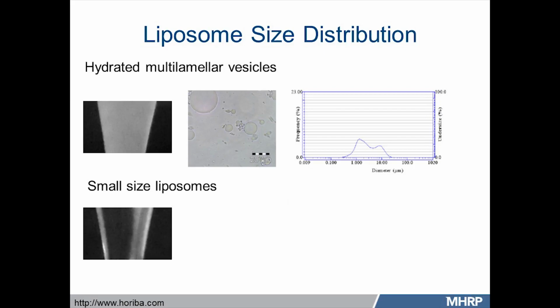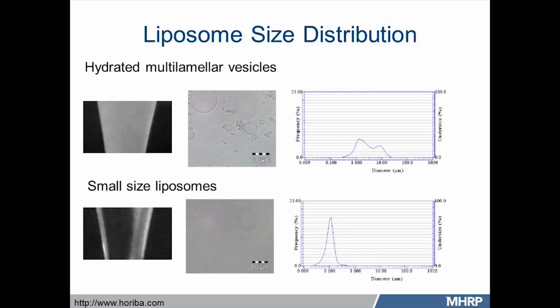While in case of this transparent solution, which contains only small size liposomes, you hardly see any small size liposome by optical microscopy. While by techniques like dynamic light scattering, you can see easily a very sharp, tight distribution of the liposomes in the range of 100 nanometer.